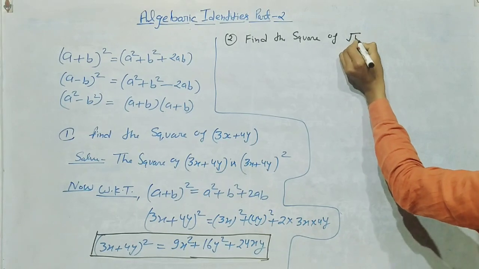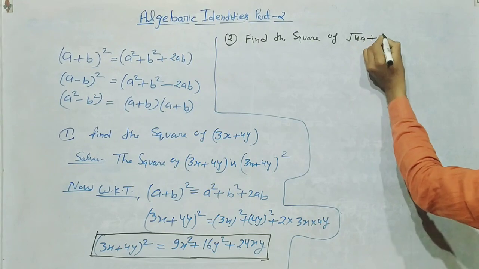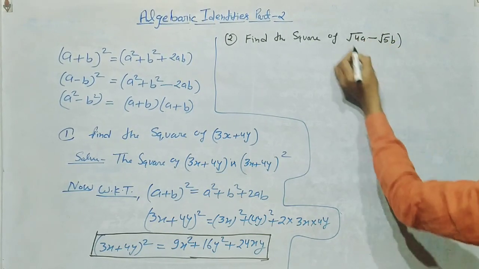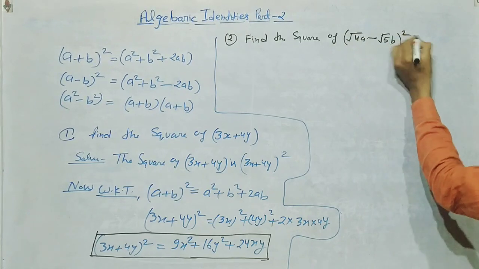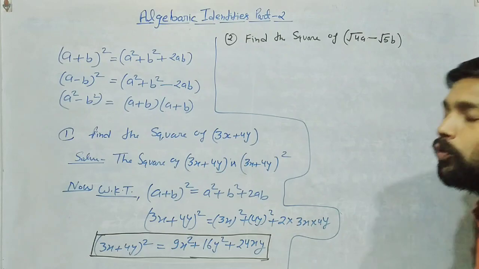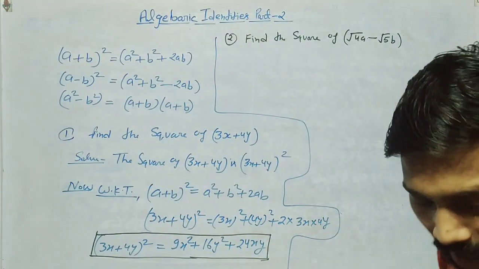under root 4a minus under root 5b. Find the square of under root 4a minus under root 5b. We have to find the square of under root 4a minus under root 5b.